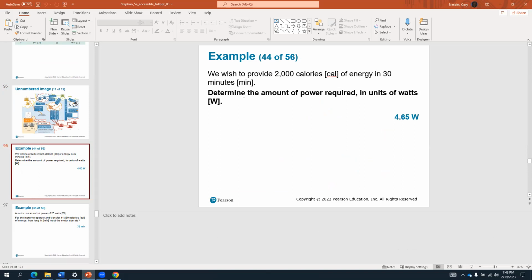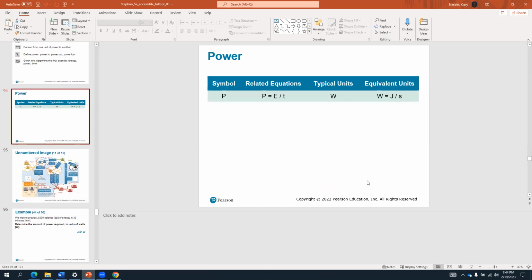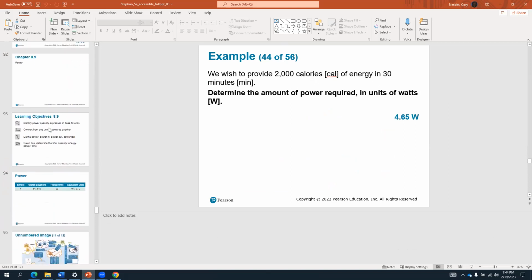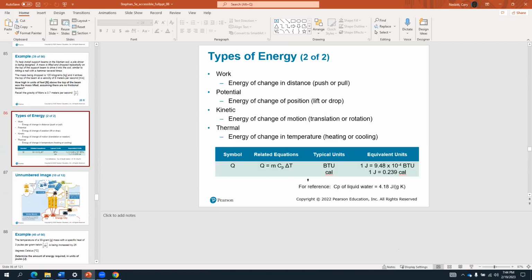And it asks you to determine the amount of power required in units of watts. So if you recall, a watt is a joule per second, right? And we also remember 1 joule is equal to 0.239 calories.